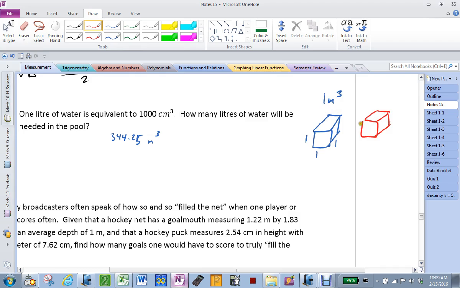How many centimeters is 1 meter? 100. How many centimeters is 1 meter? 100. How many centimeters is 1 meter? 100. How do I find the volume of that cube? Length, width, height, yeah? 100 times 100 times 100, which is?